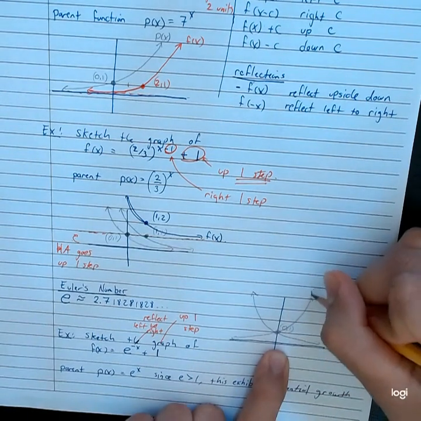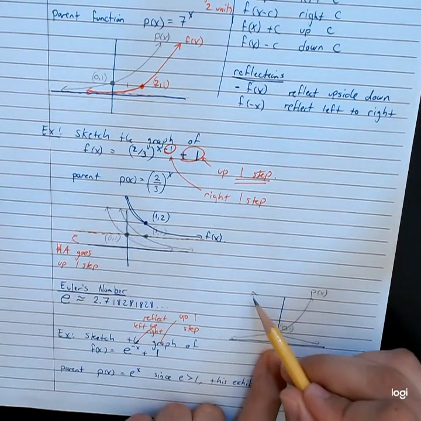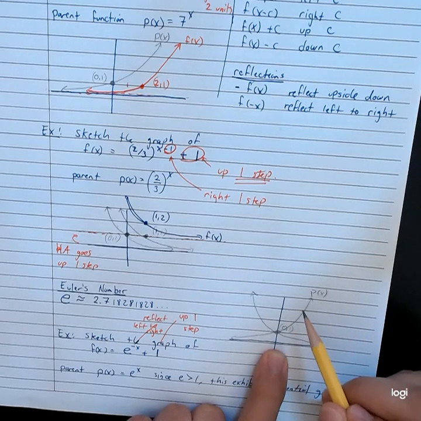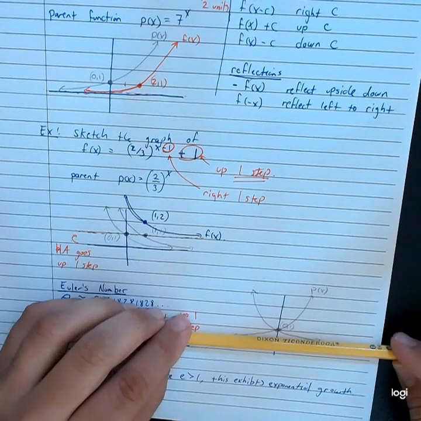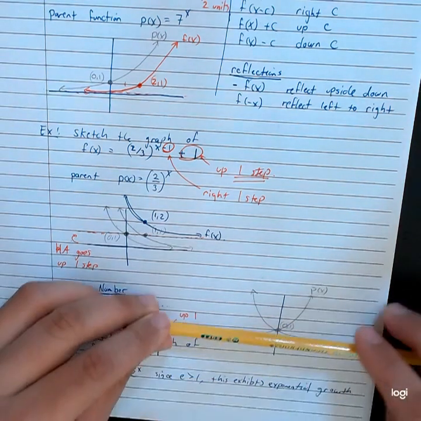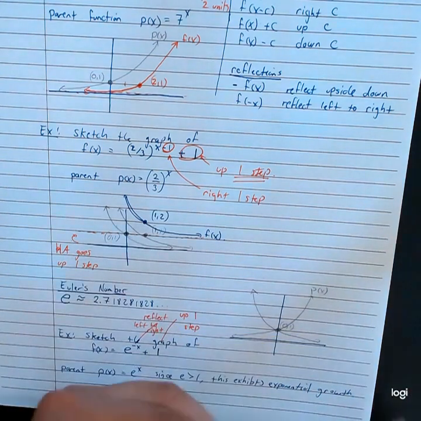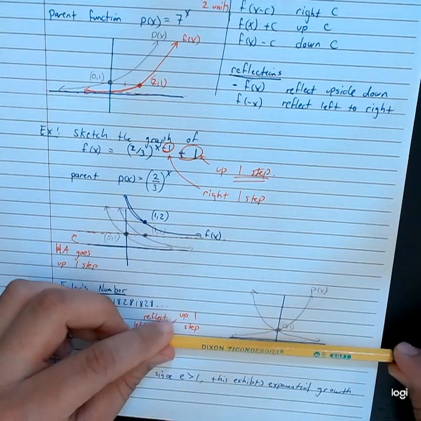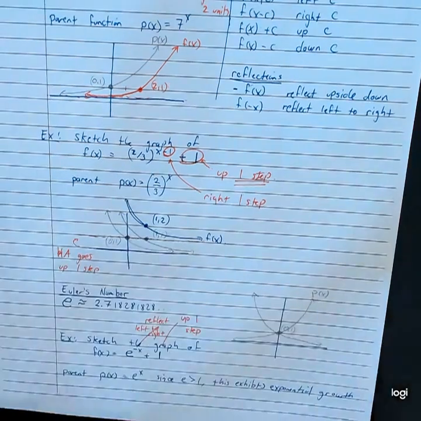This was my parent function, p of x. This is a reflection across the y-axis because of the negative on the x. And now plus 1, just like before. If I have the x-axis and I reflect it, that's still the x-axis. It's flipped around, but it's still the same line. But if I take the x-axis and move it up, that does change things.